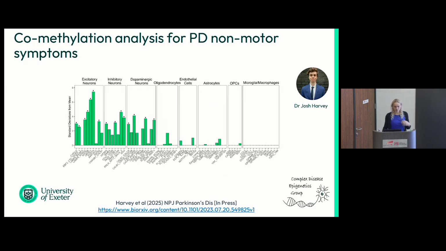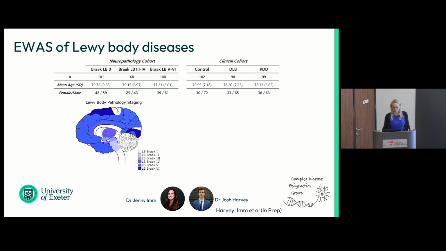We then went on to do our cell type enrichment analysis, and this is just looking at the module associated with depression, the substantia nigra, and what we saw was an enrichment of the module in excitatory neurons, inhibitory neurons, and dopaminergic neurons, which we thought was quite interesting.